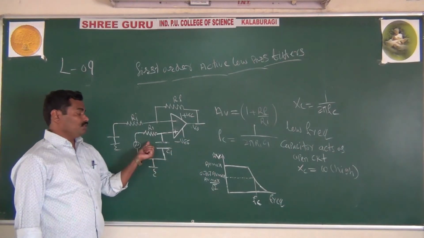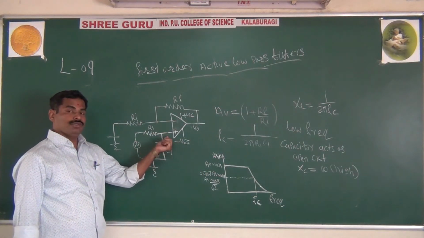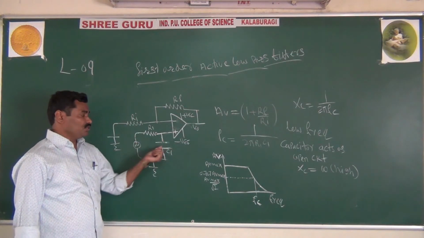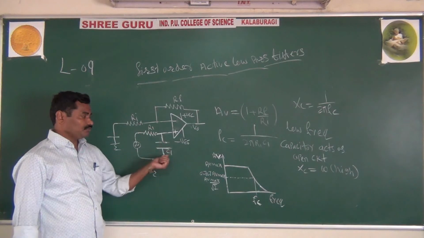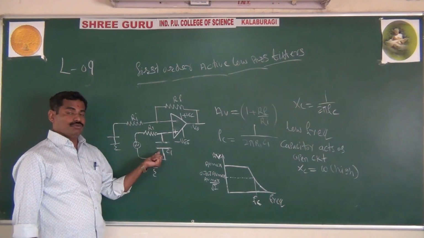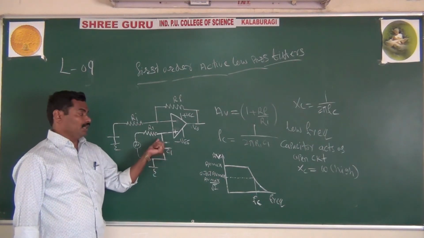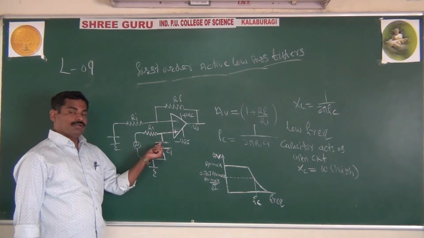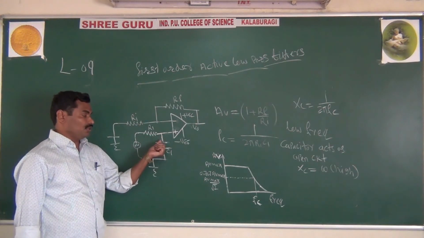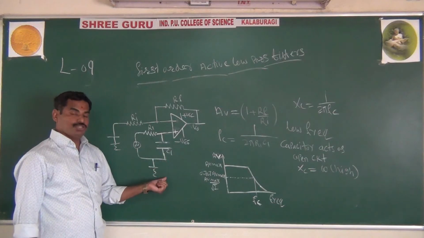For high frequency, we do not want high frequency in the output of the filter. For high frequency, the capacitive reactance will be very less, or it acts as a short circuit, so all the input will go towards the ground.